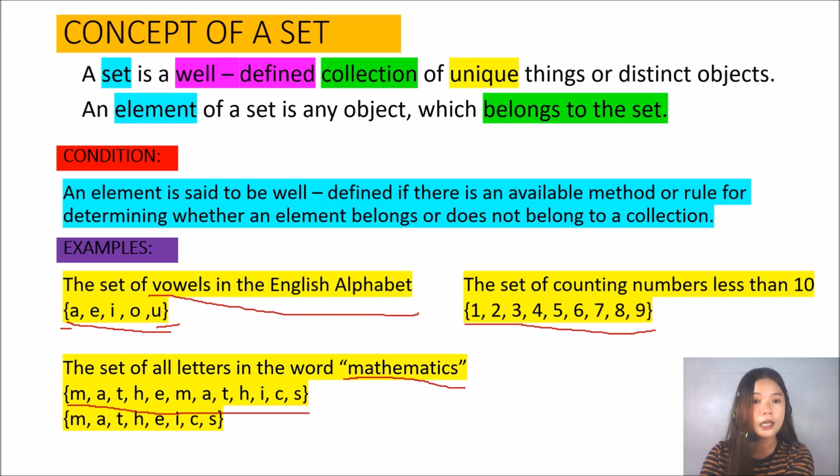Ang rule po in writing the element of a set is that pag may naulit pong element ay isang beses na lang po itong isusulat. So, naulit po si M, naulit si A, naulit si T, si H. Kaya po, isang beses na lang po natin siyang sinulat. Kaya po yung element or set natin ngayon ay nagkaroon na ng element like this. M-A-T-H-E-I-C-S. Okay?